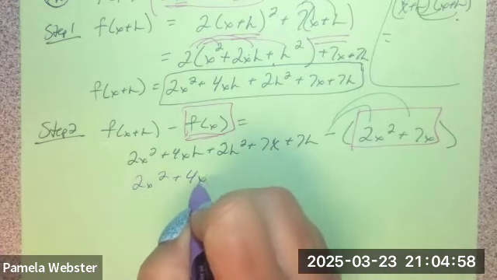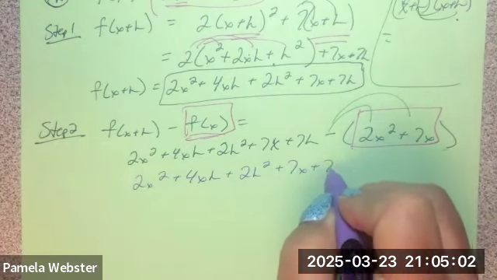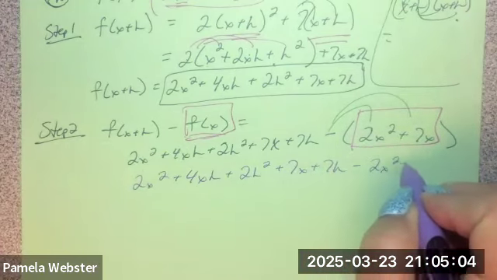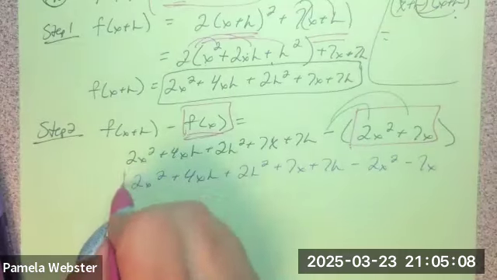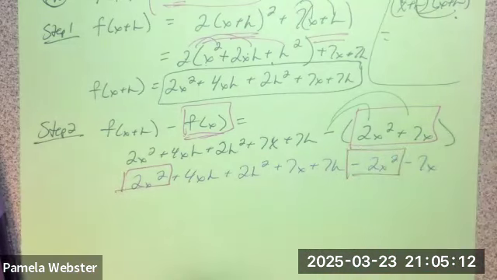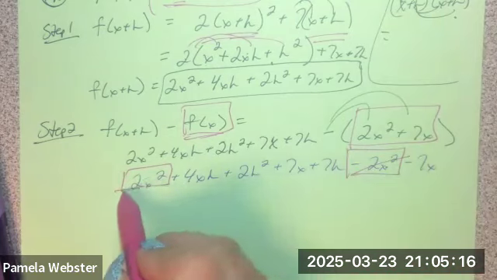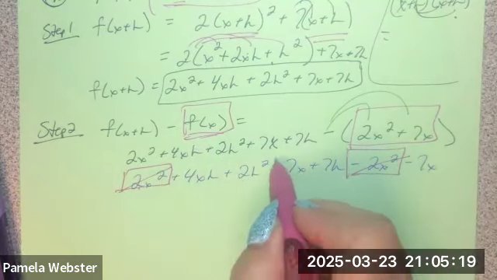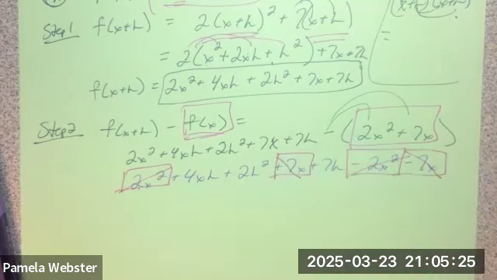2x squared plus 4xh plus 2h squared plus 7x plus 7h minus 2x squared minus 7x. And again, we know if we did this right, the stuff that doesn't have h's in it, so the positive 2x squared and the negative 2x squared, the positive 7x and the negative 7x, are going to go away.